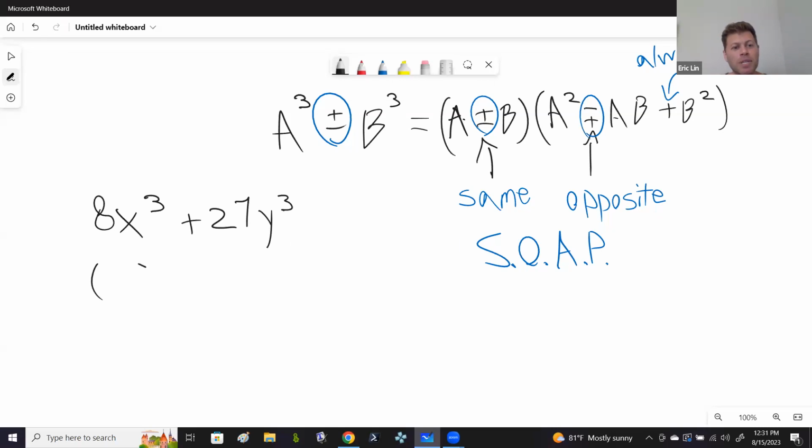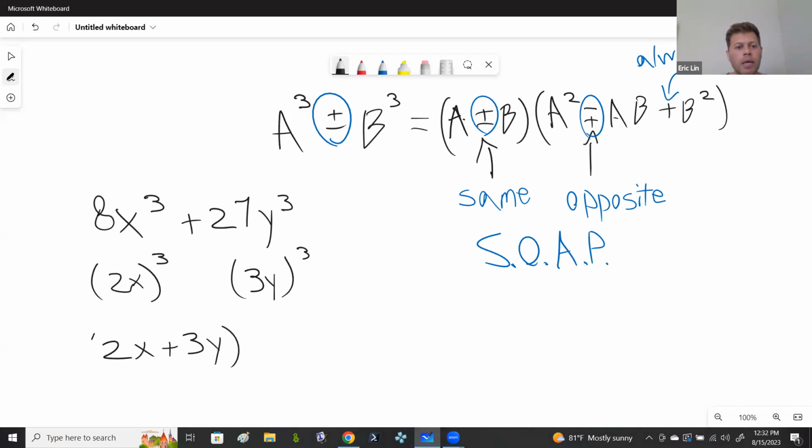And I have to ask myself, well, what thing got cubed? So for 8x cubed, 2x, oh, did I say squared? I meant cubed. I keep flipping those back and forth. So 2x was cubed to get 8x cubed. And then 3y was cubed to get 27y cubed, which leads me to the factored form 2x plus 3y times, remember, a squared is the first one, so that'll be 4x squared, 2 squared and x squared.